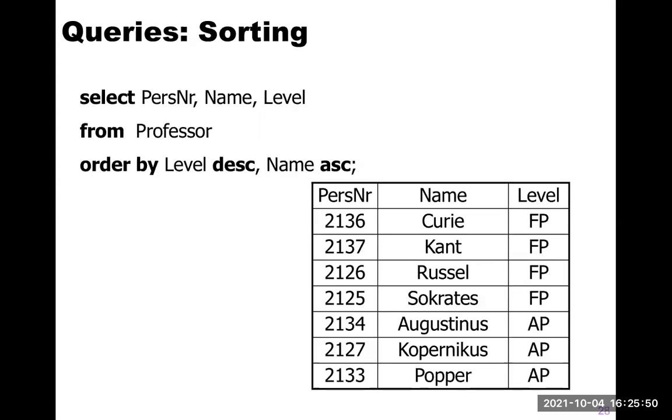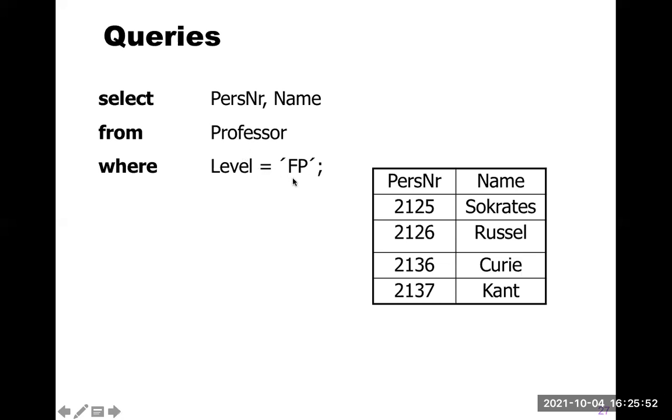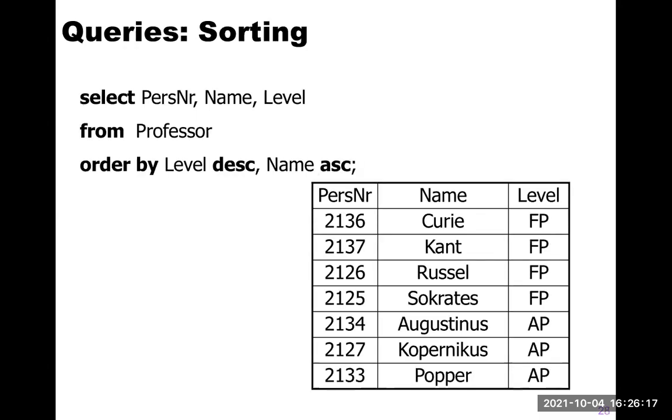So where is for filtering conditions on a single record. Every check in a where clause is applied to only a single record, the current record, as if thinking about looping through the table.